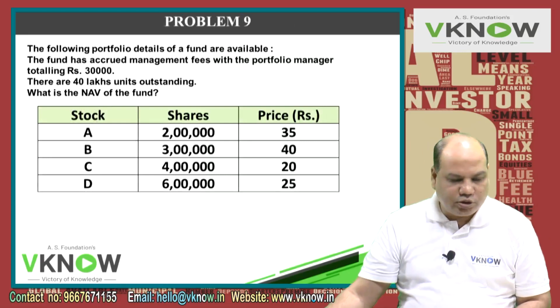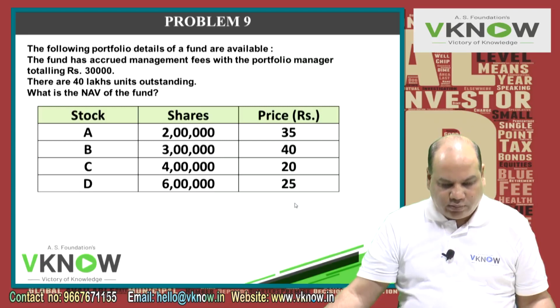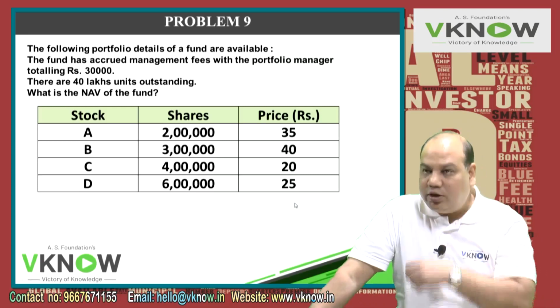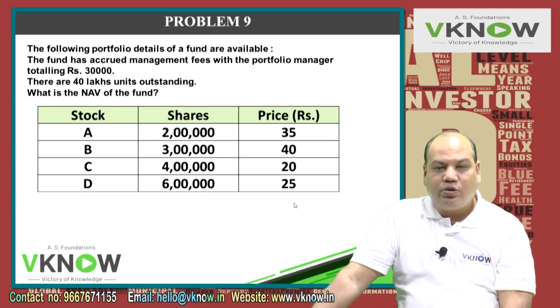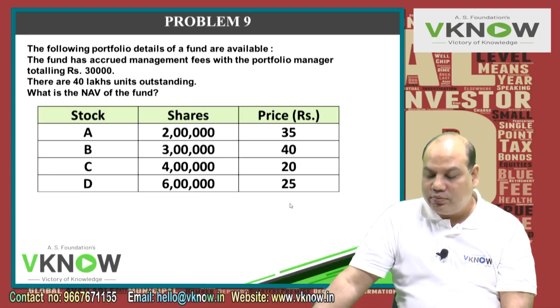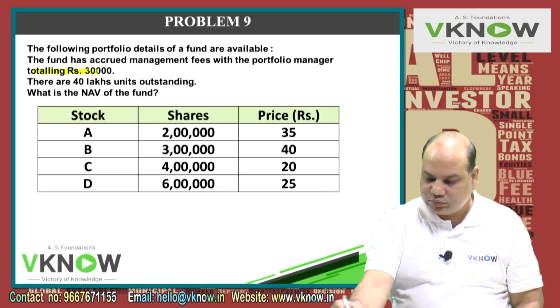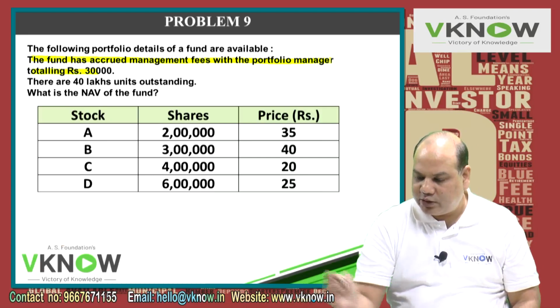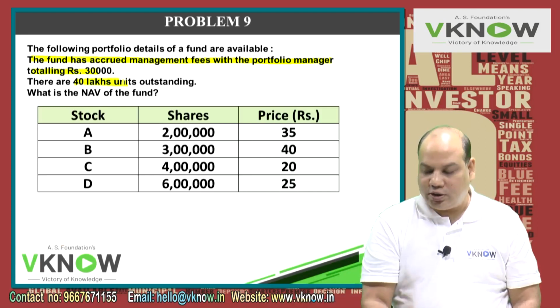Now come to next question number 9. The following portfolio details of a fund are available. Fund has accrued management fees with the portfolio manager totaling rupees 30,000. So this is a liability, fees payable to the fund managers. There are 40 lakh units outstanding.